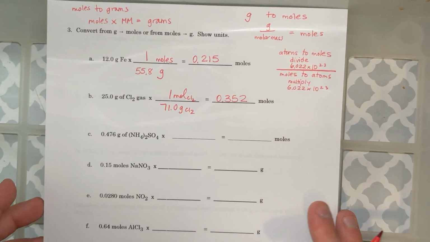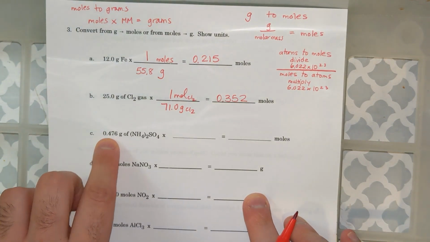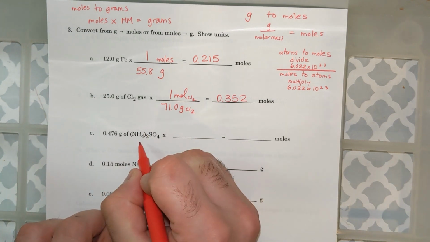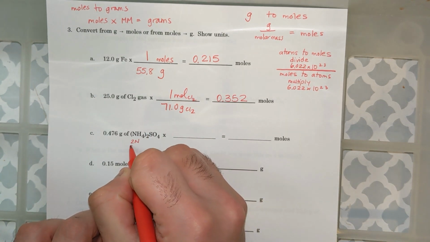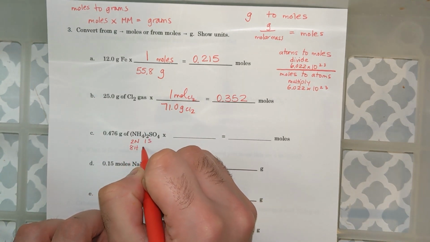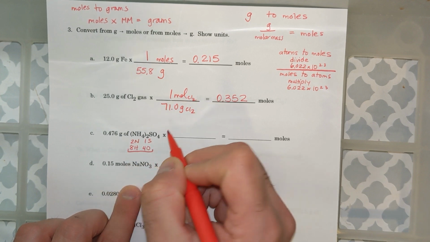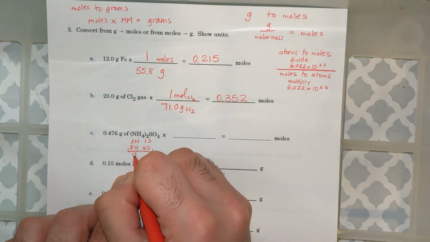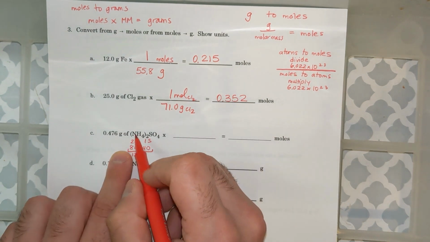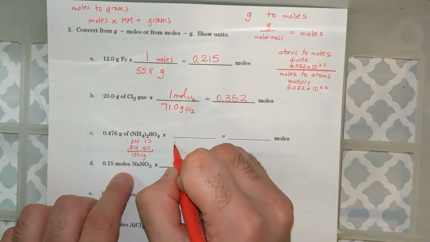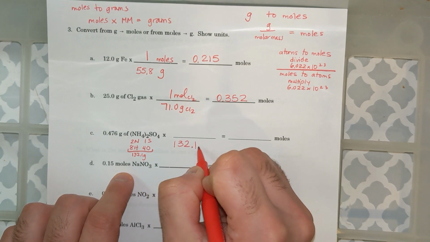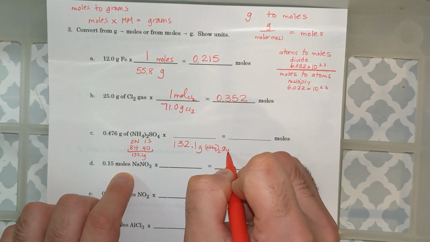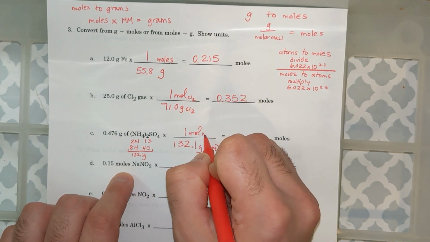For letter C, we have this big compound, (NH4)2SO4. Just in case, there's 2 N's, there's 8 H's, there's 1 S, and there's 4 O. If I get its molar mass, it's about 132.1 grams. So if I want to go from grams to moles, I divide by the molar mass, 132.1 grams of this compound, which is 1 mole of this compound.